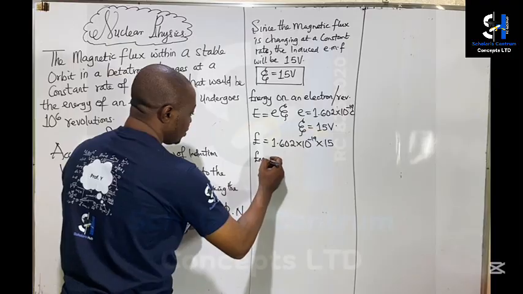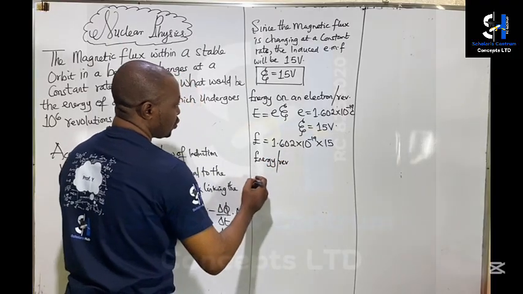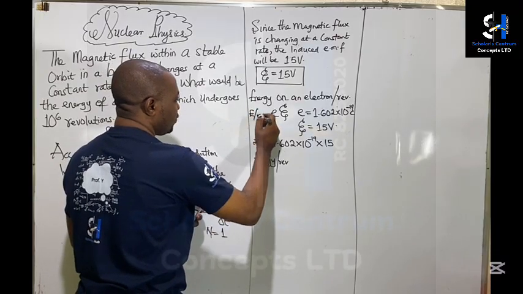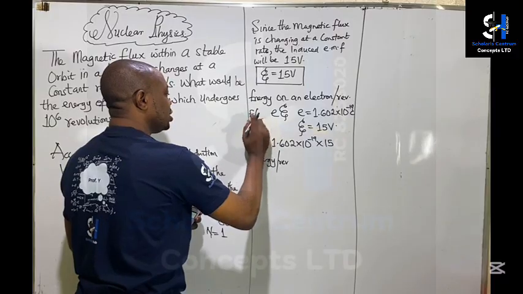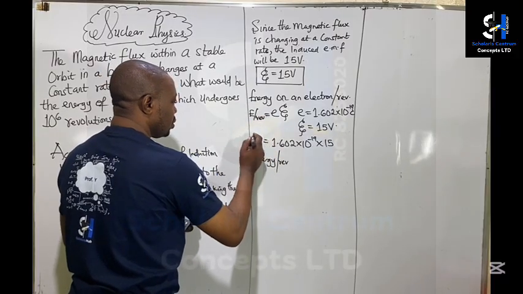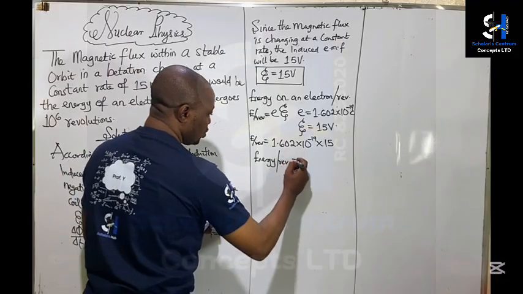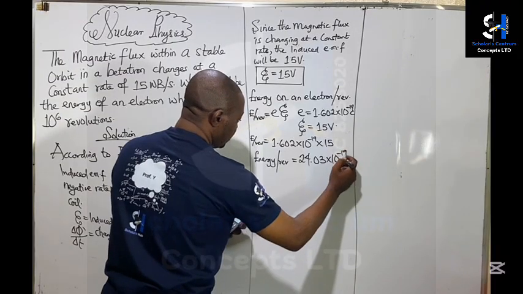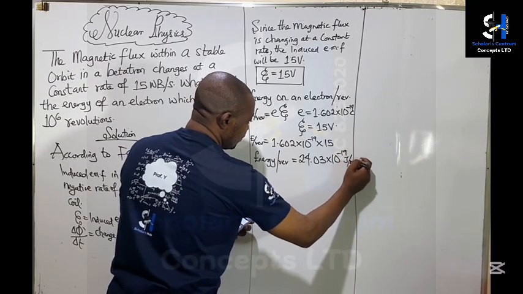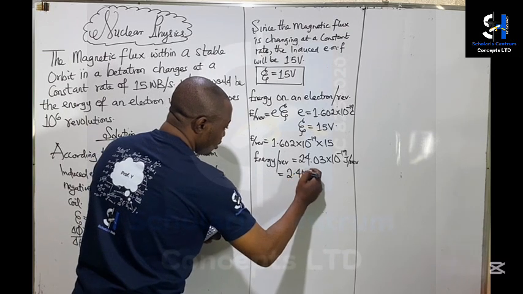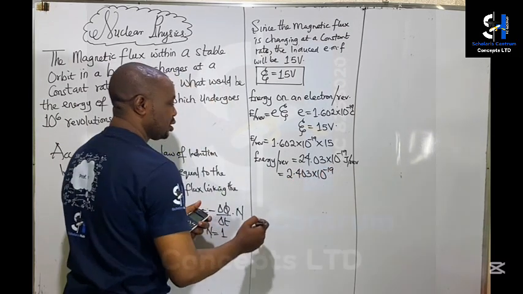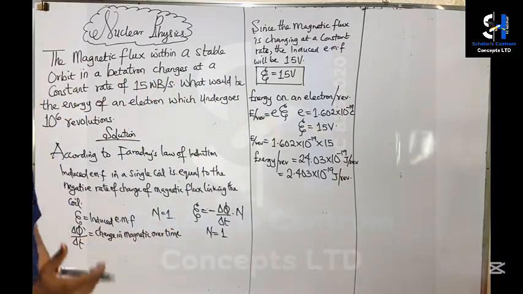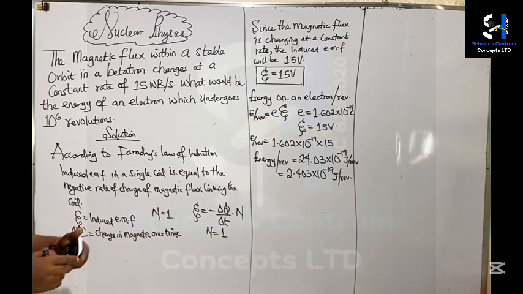So the energy per revolution will be equal to 24.03 times 10 raised to the power of negative 19 joules per revolution, and that will be 2.403 times 10 raised to the power of negative 18 joules per revolution. Okay, so this is the energy per revolution, which is in joules per revolution.